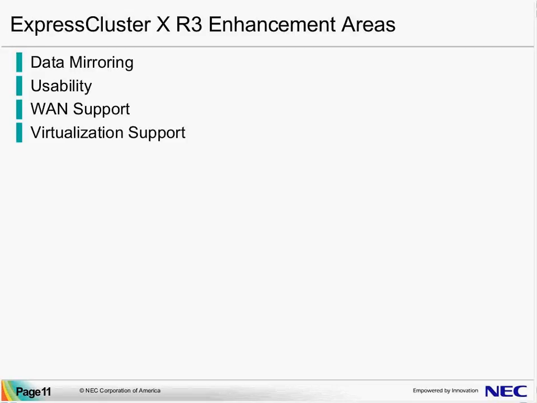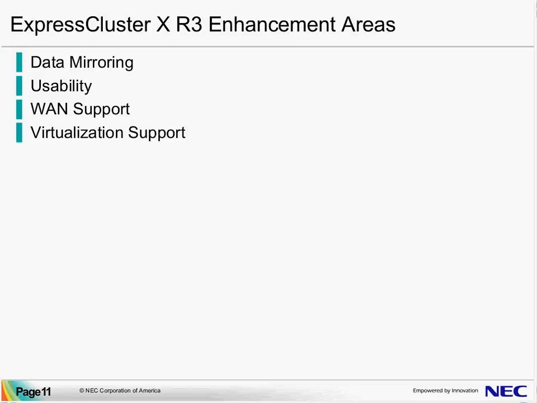And the third area is WAN support. WAN support is especially important for the WAN edition of the ExpressCluster product. This is mainly targeting disaster recovery solutions. And lastly, there have been quite a few virtualization enhancements. As I mentioned, virtualization is a newer area where new workloads are emerging, so ExpressCluster has been enhanced to better support those situations.